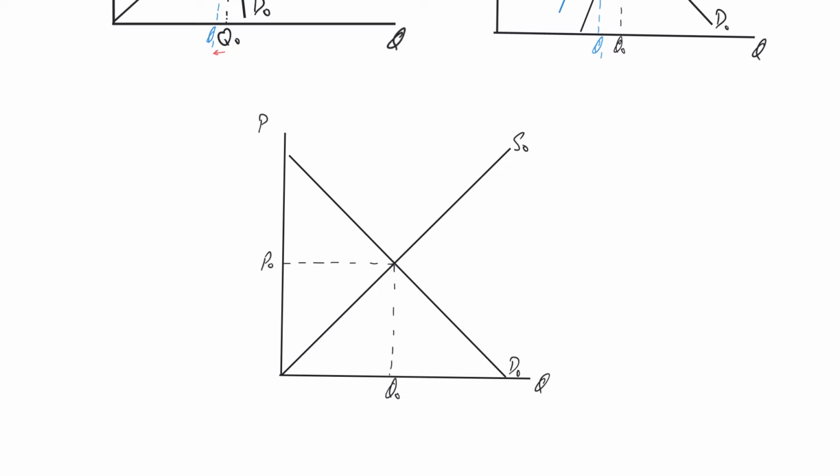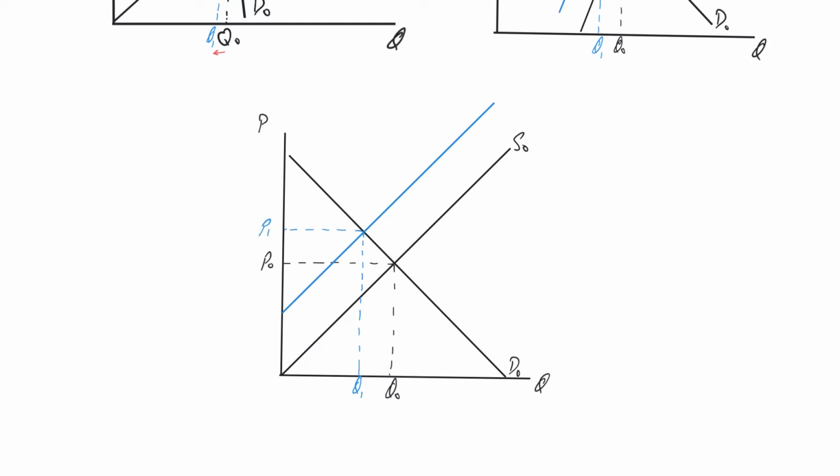When tax is imposed, we know that the supply curve shifts to the left. Okay, and then when it does, you have a new equilibrium quantity and a new equilibrium price.